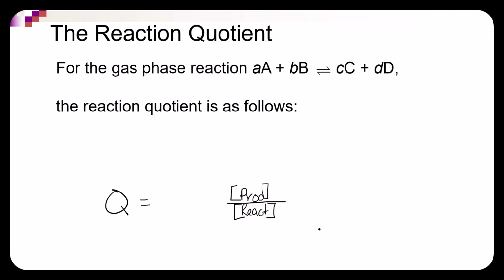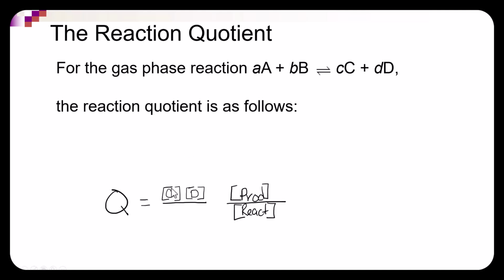The concentration of our products is going to go on the top of our fraction. So in this particular example, I'm going to take the concentration of product C, and I'm going to multiply that by the concentration of product D. That's how we symbolically represent our products.